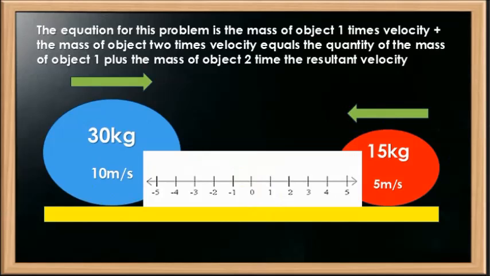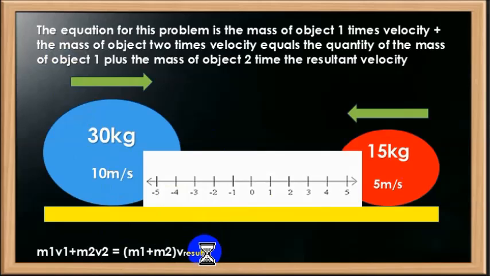You can read the equation on your own, but this is basically the equation. The mass of object 1 times the velocity of object 1 plus the mass of object 2 times the velocity of object 2 is equal to the mass of object 1, 15 kilograms, plus the mass of object 2, multiplied by V result.